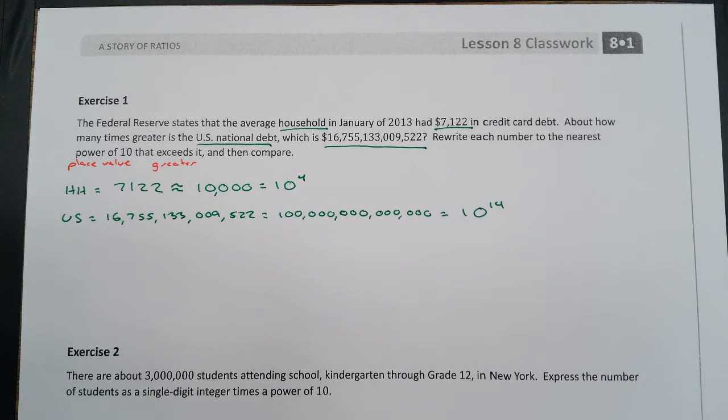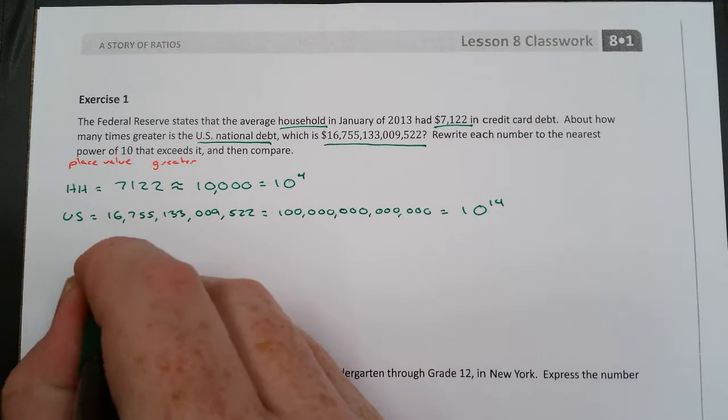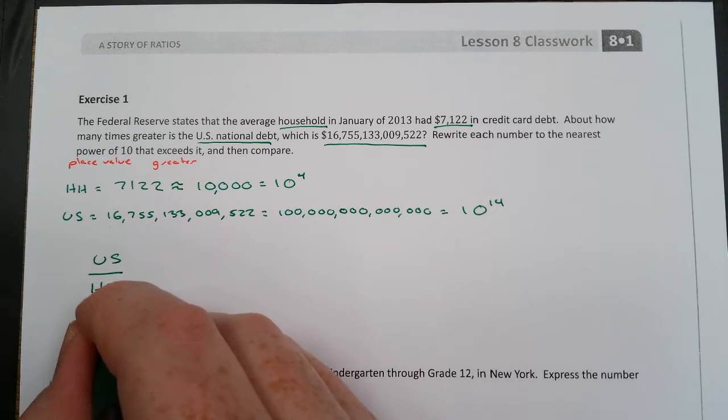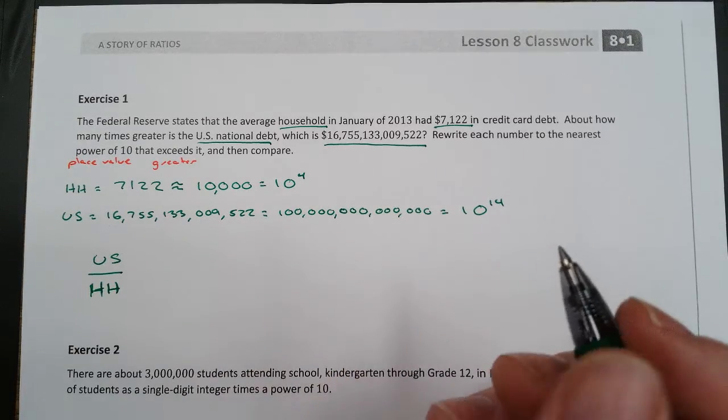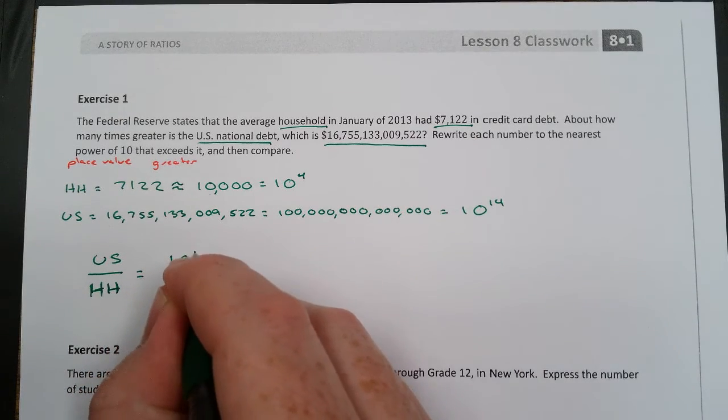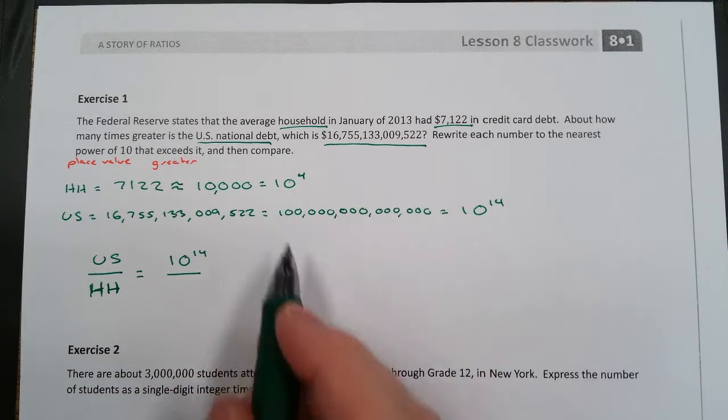Then we are supposed to compare how many times greater is the national debt. So we have to do U.S. debt divided by the household debt to figure out how many times greater the U.S. debt is. U.S. debt was 10 to the 14th, approximately.